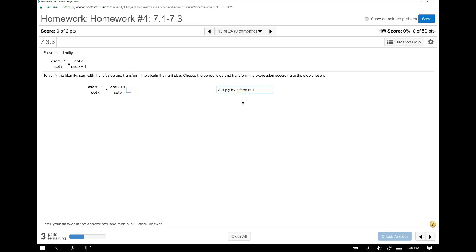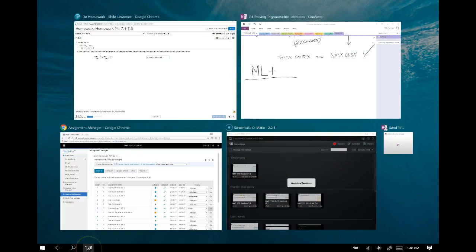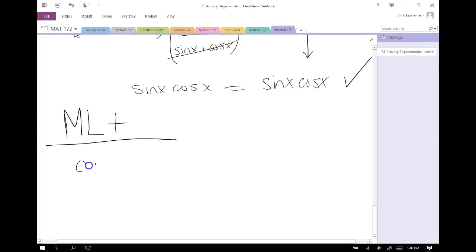And I'm going to go back over to my notepad here, and I'm going to show you why I'm going to do this. So we've got cosecant x plus 1 over cotan x. Now, we've got an identity that says cosecant squared minus 1, which is a difference of squares.